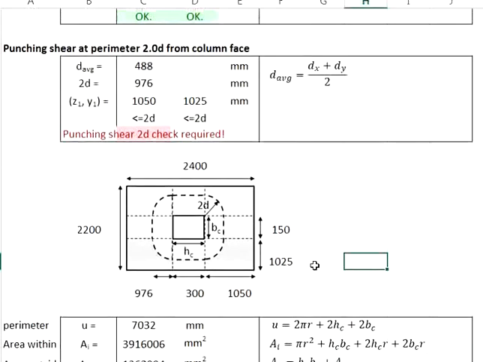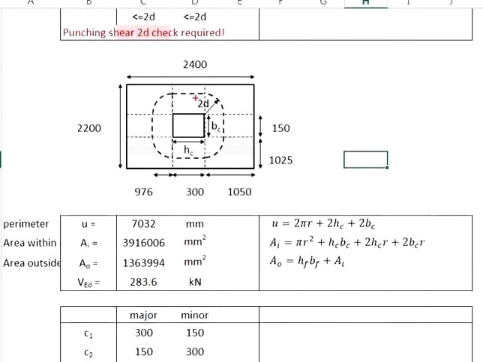Since we are talking about 2d, 2d is equals to 976 mm. Now, in order to calculate this perimeter u here, we take 300 plus 300 plus 150 plus 150 plus a quarter of the perimeter of a circle times 4 quarters here.